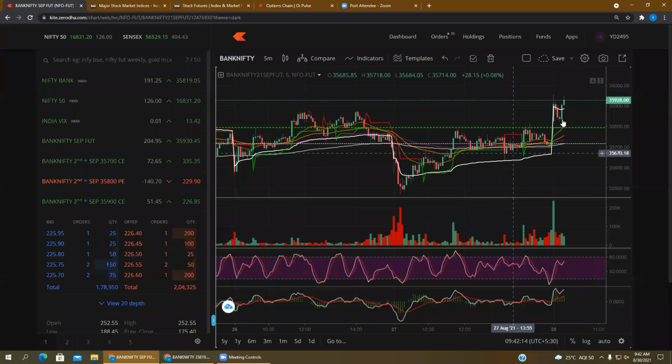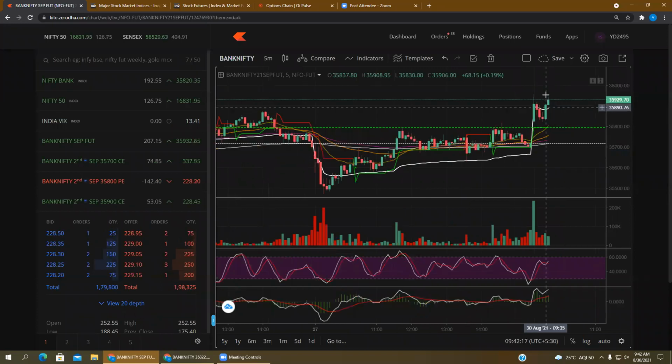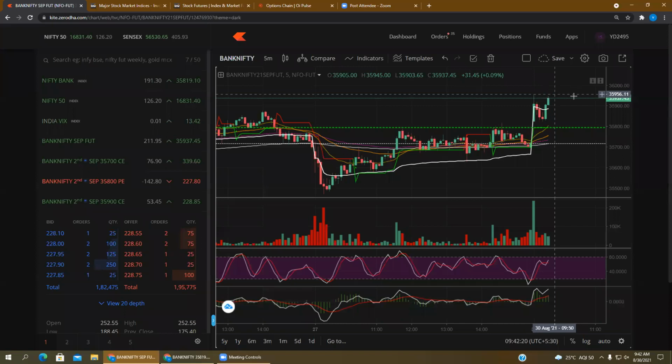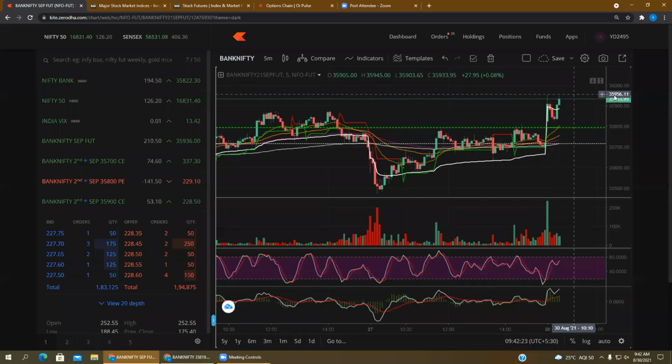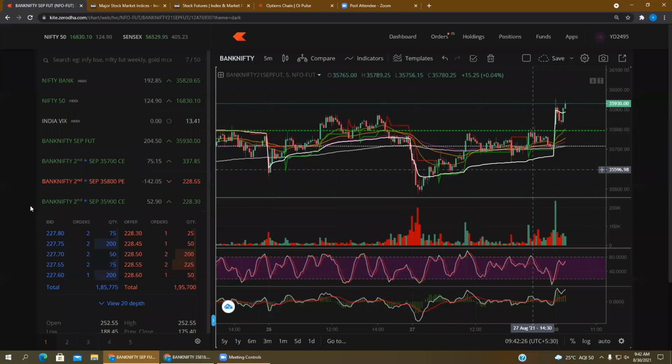Upside, I'm looking for a full body candle, something like this. It has to close above this. That is what I'm looking for. This candle, if it closes above that, would be great. Yes, it does. 252.